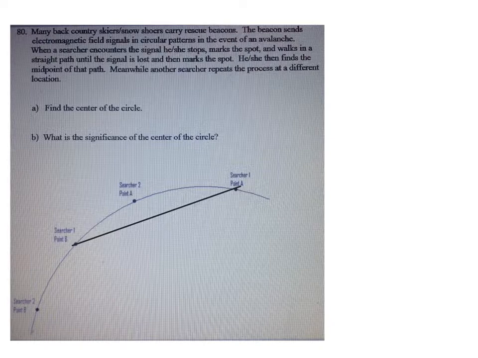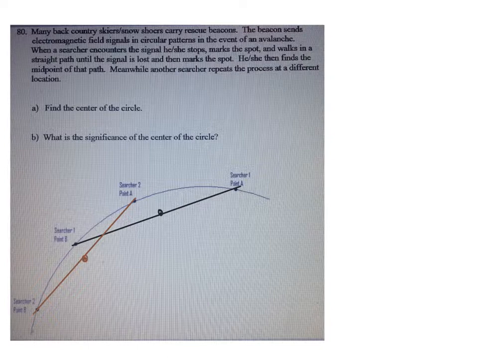Okay? Then another, and maybe I'll do it in the same color. Okay. Then another one, we'll do the same thing. So let's draw another line here. Okay, that was actually a decent one. I'll just adjust it a little bit. All right, and then they also have the midpoint.